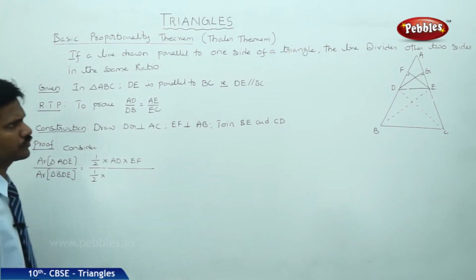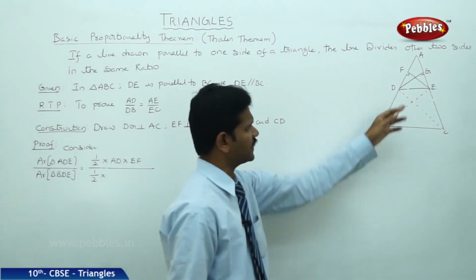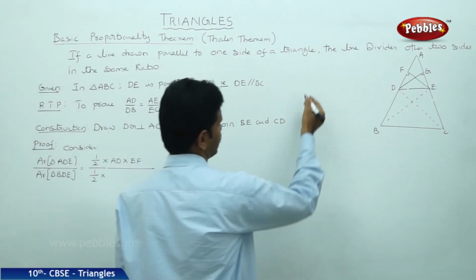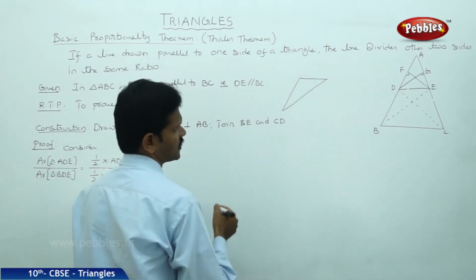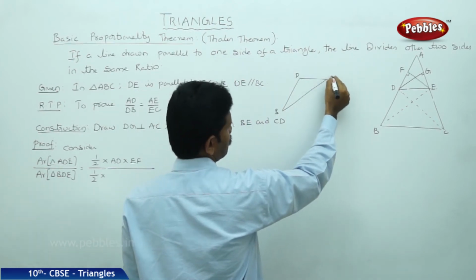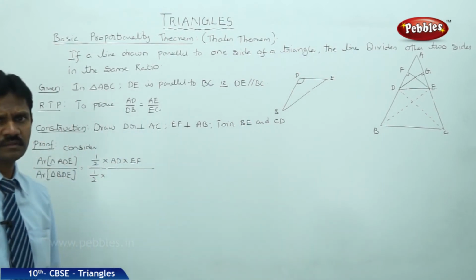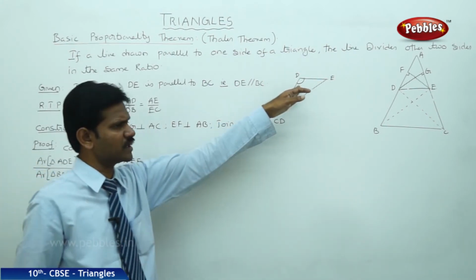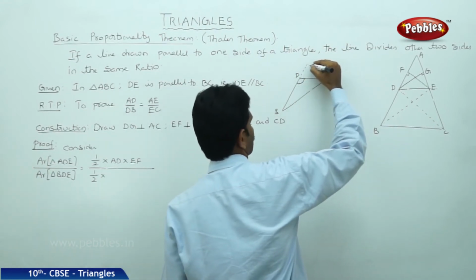Half into base BD, in triangle BDE, which has an obtuse angle. We know very well, for an obtuse angle the altitude lies outside.